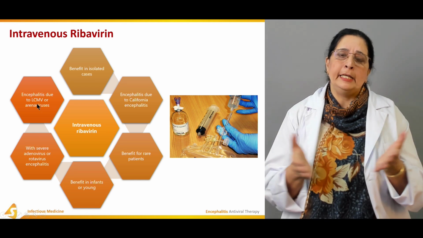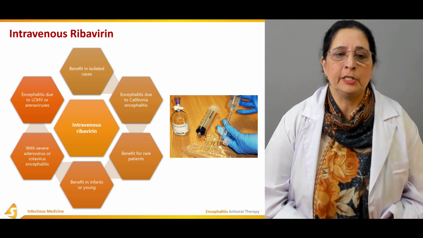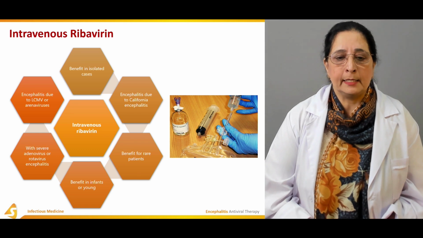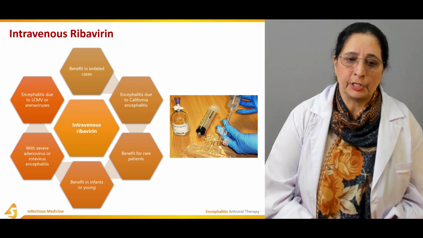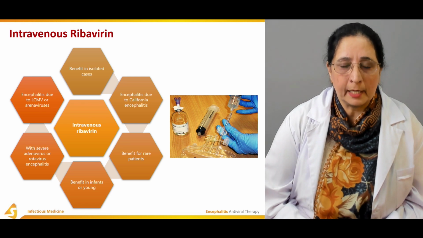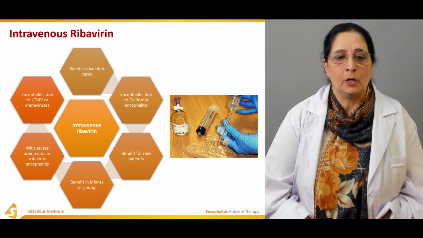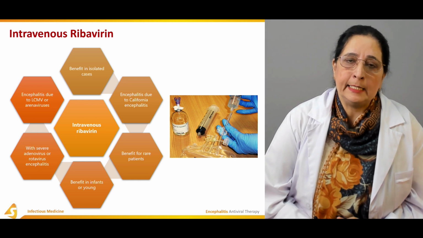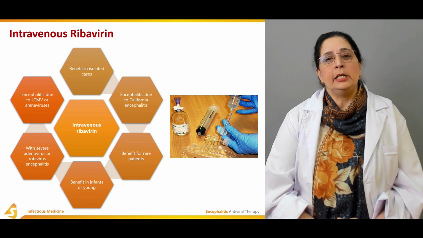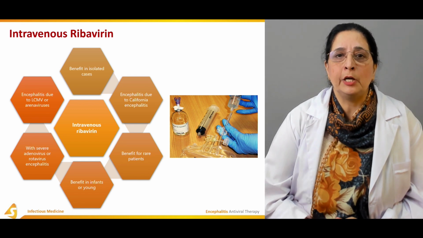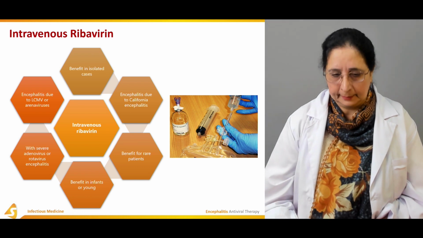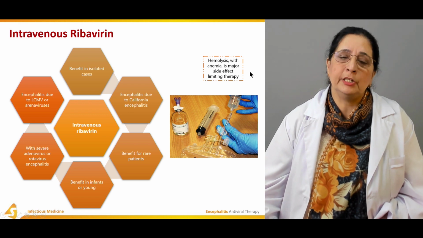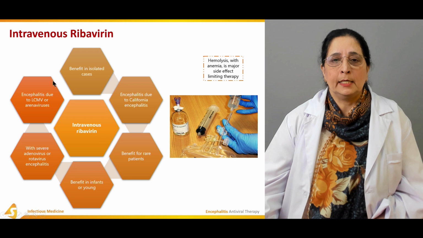So these are some indications or conditions in which we can use intravenous ribavirin therapy, and it is usually in infants or young children with severe adenovirus or rotavirus infection, arena virus infection, or LCMV. Hemolysis with anemia is a major side effect of this therapy.